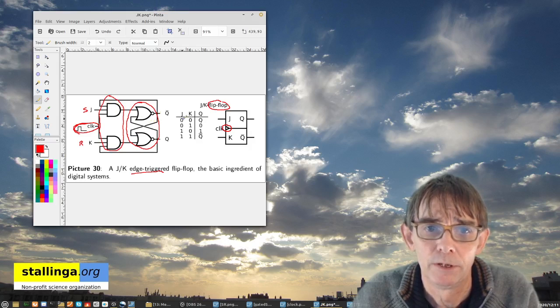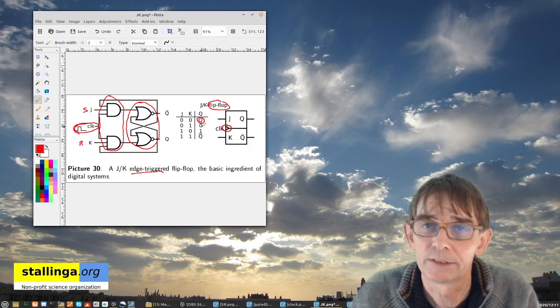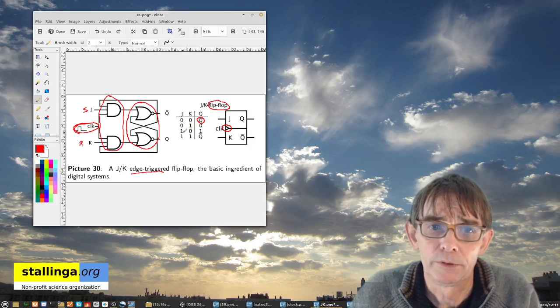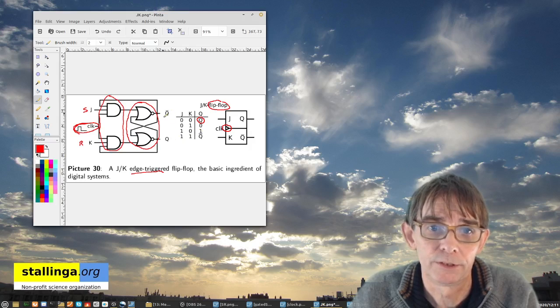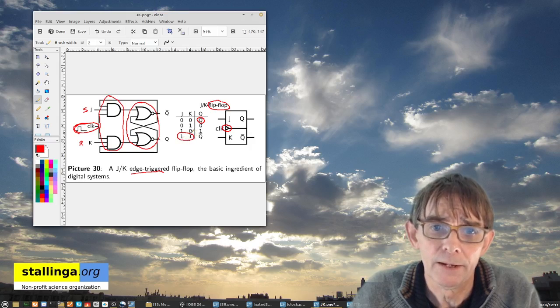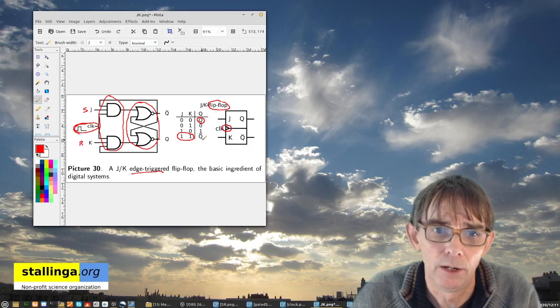And as you can work out yourself, just pause the video and do some calculation. If you have the input JK equals 0, 0, it maintains the state. If you have the input 0, 1, it is like the reset of the set reset flip-flop. If you put the input 1, 0, it is actually setting the output and unsetting the not output, of course. And now the difference between a set reset flip-flop and this JK flip-flop is that the input combination 1, 1 is also allowed, and this actually then toggles the output.